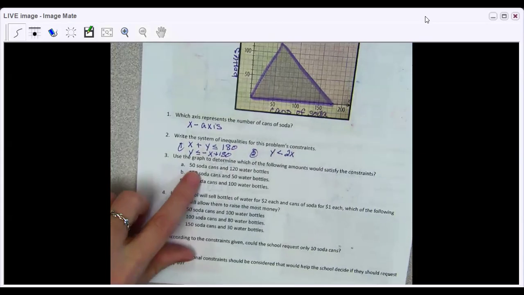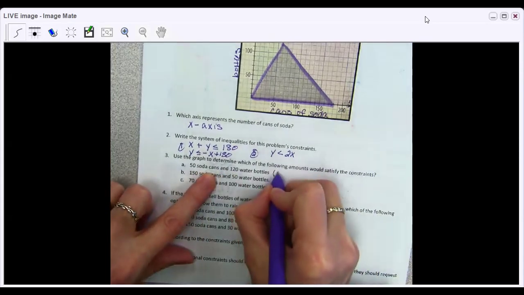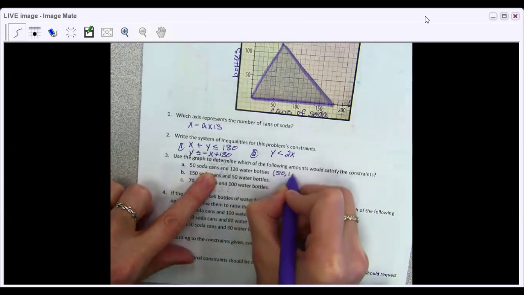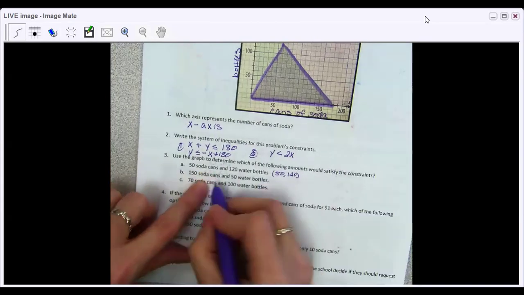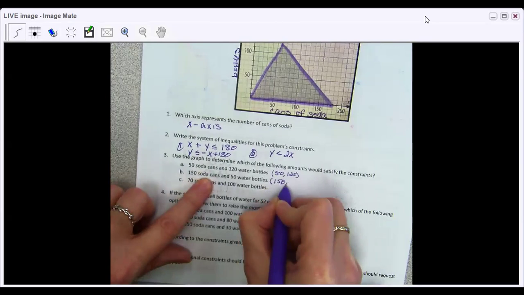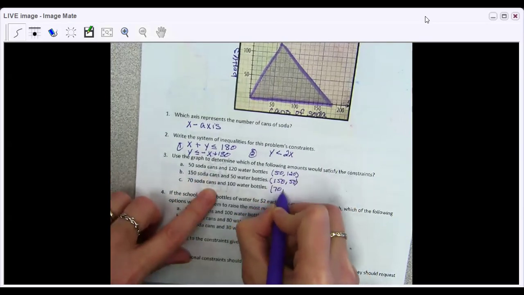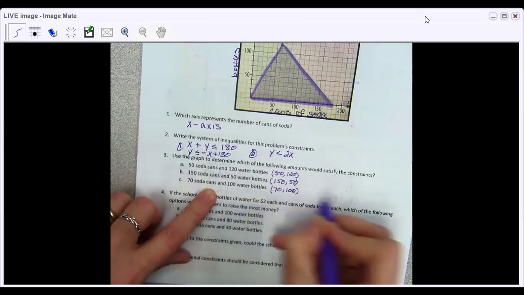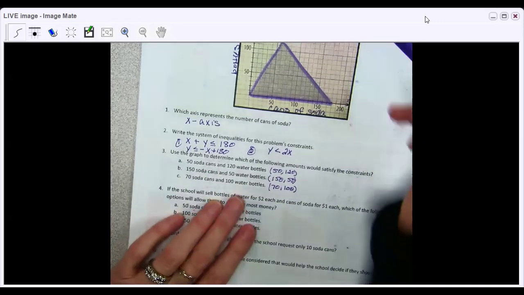So 50 soda cans and 120 water bottles, that would be 50, 120. Okay, that would be the ordered pair. 150 soda cans and 50 water bottles. Or 70 soda cans and 100 water bottles. So I want you to look at the graph and try to figure out which one of these is true.